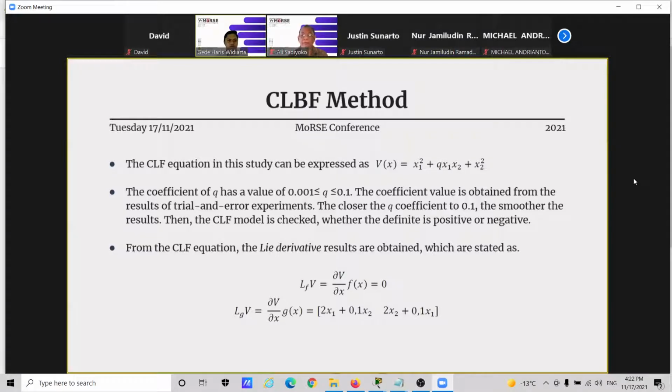Then the CLF model is checked whether it is positive definite or negative definite, because to form a CLF equation, the value has to be positive definite.